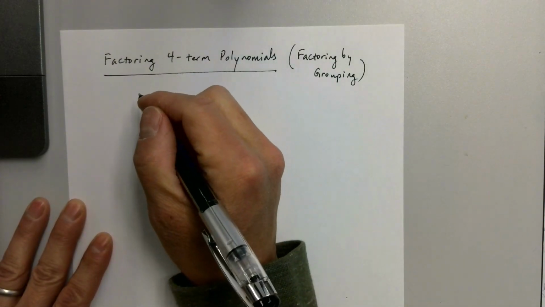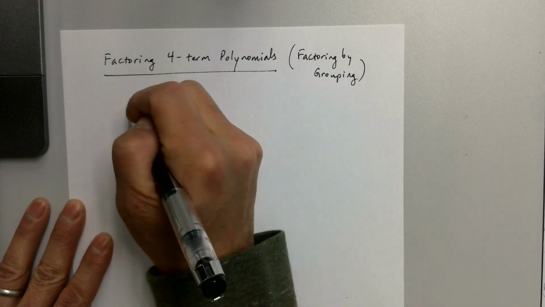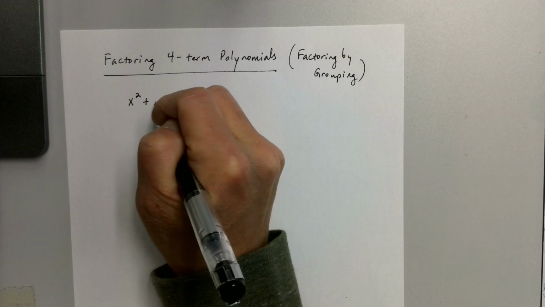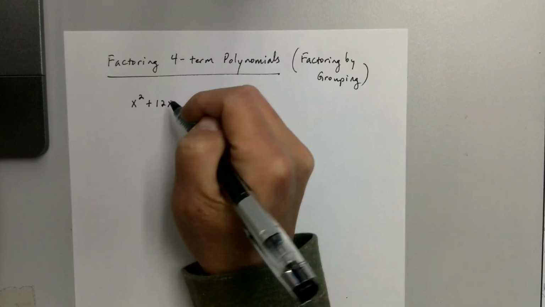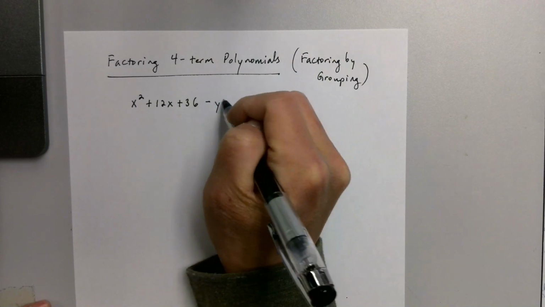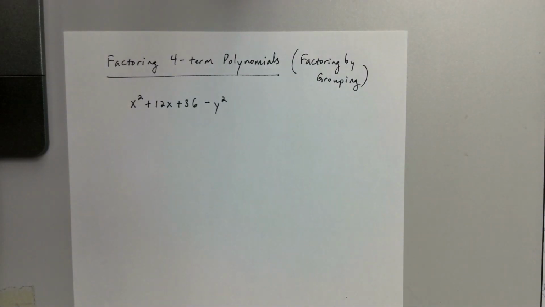Okay, so here's our first example. There's our four-term polynomial.